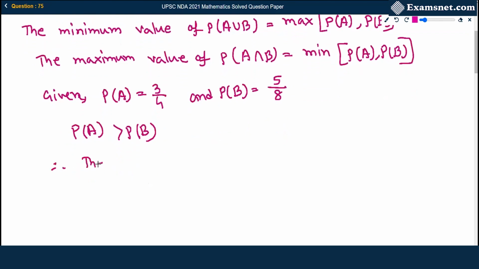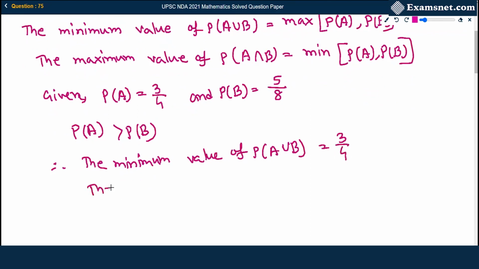Therefore, the minimum value of probability A union B is the maximum value between probability of A and probability of B. So it should be the value for probability of A, that is 3/4.